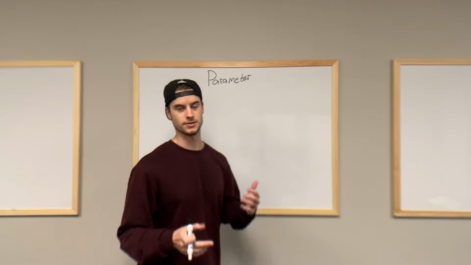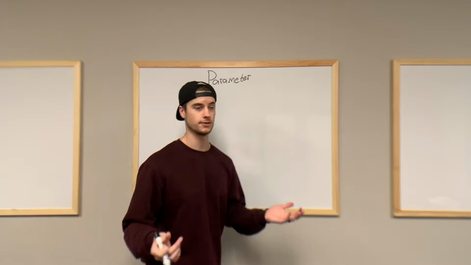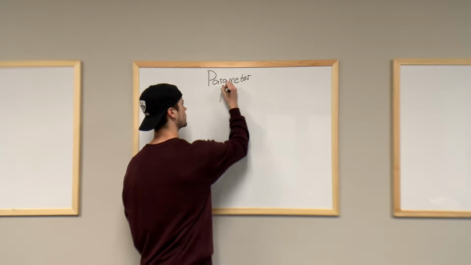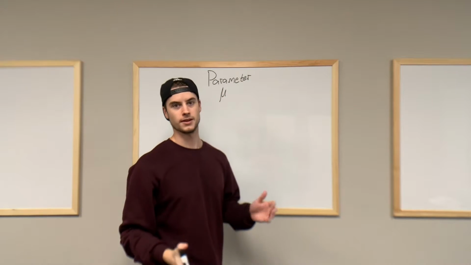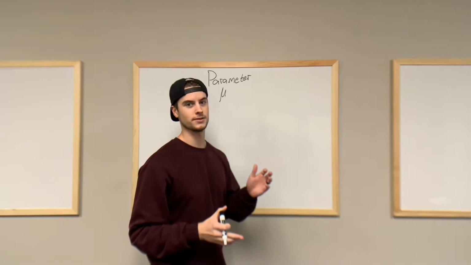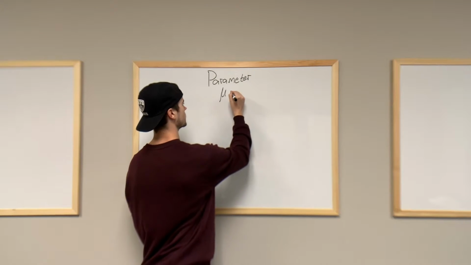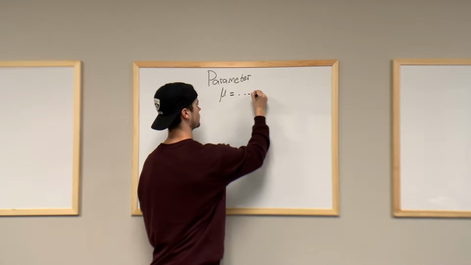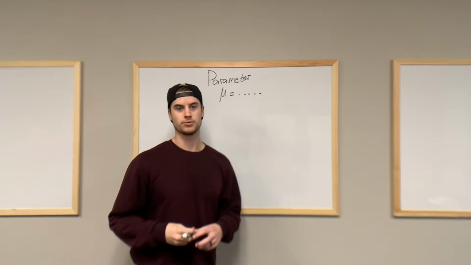And usually these are denoted by Greek letters. In this case, a lot of times the mean is denoted by this symbol here. This is just a Greek letter. I can't remember which Greek letter. I want to say mu, but don't quote me. So this is the mean of the population. Okay, that's what the parameter is, right?